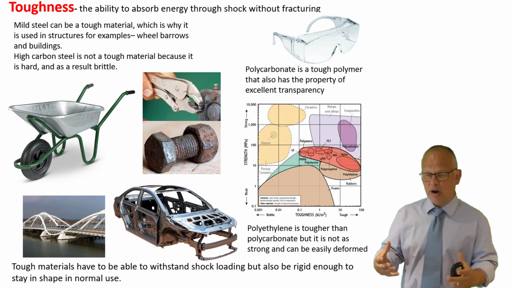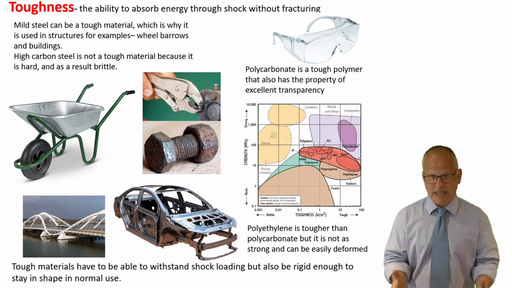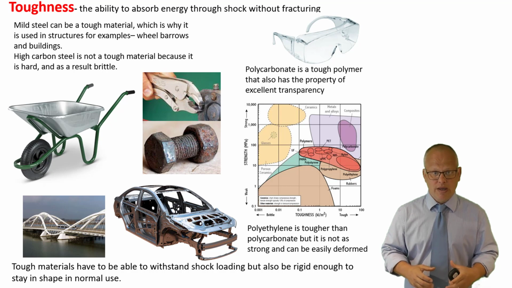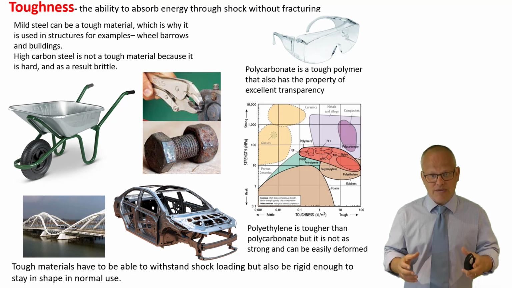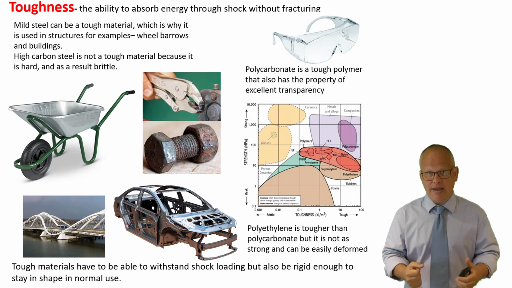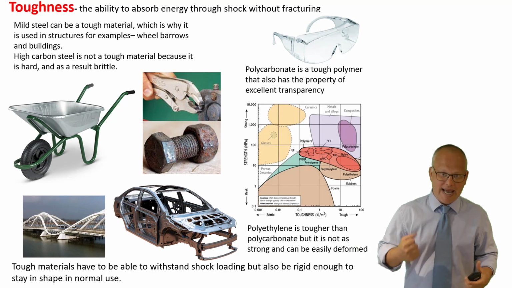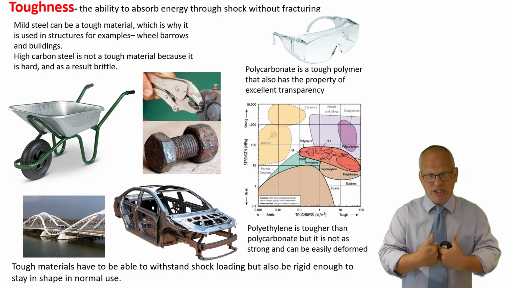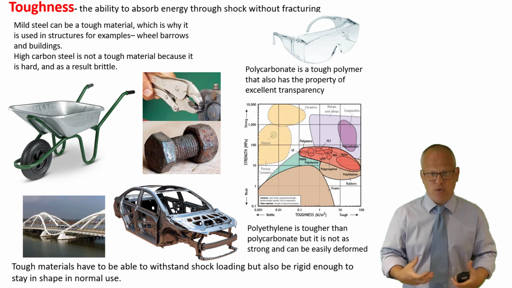Likewise, the body of a car is designed to protect the occupant, so it has to be quite strong, durable, but it has to have that toughness so that you can have a prang in a car without it collapsing and smashing into hundreds of pieces. It has to be able to resist that knock. Doesn't mean that it doesn't change shape at all, but it does mean that it doesn't fracture and fall apart.